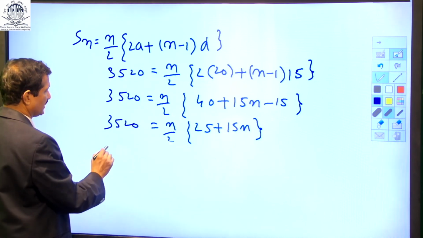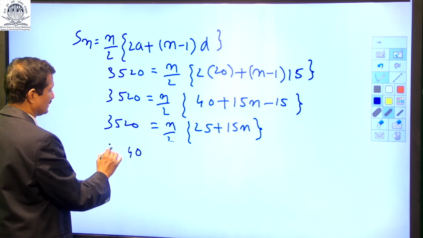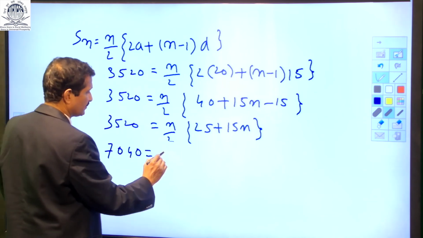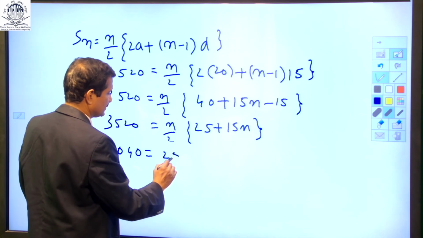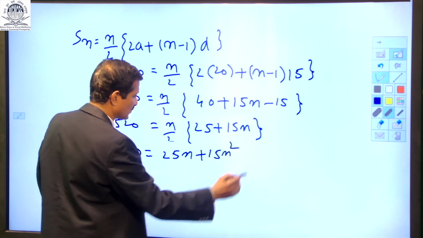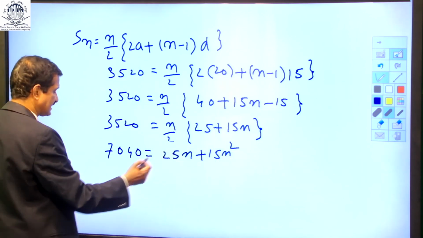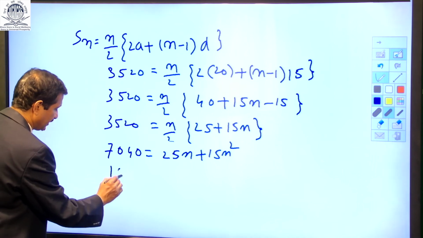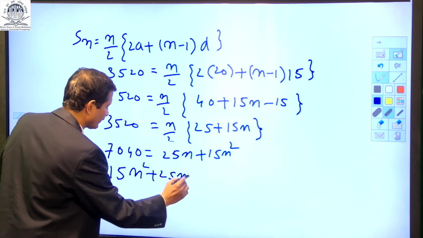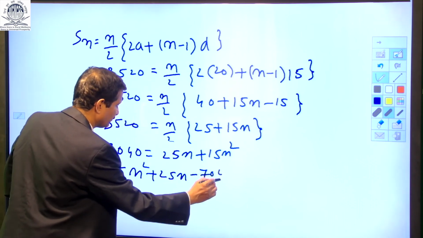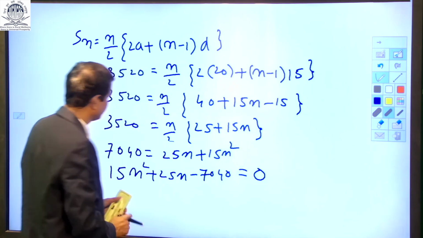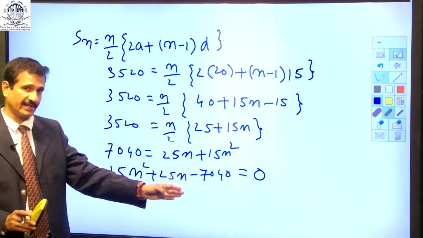By cross multiplying the 2 here, I have 7040 is equal to n into 25, which is 25n, plus 15n square. Transpose this 7040 to the other side. We have the equation 15n square plus 25n minus 7040 is equal to 0. Now, this is a quadratic equation.